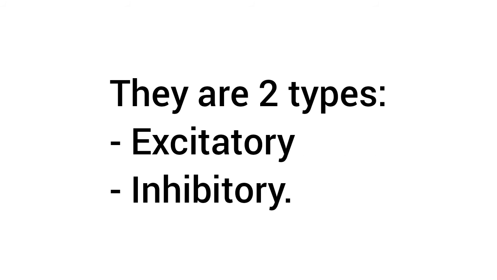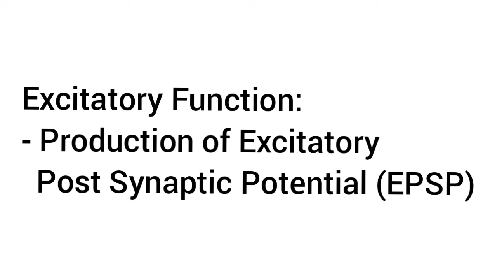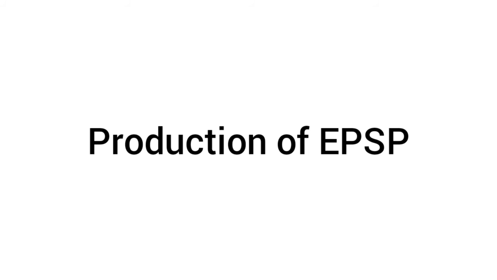Now we'll see electrical property. There are two electrical properties, excitatory and inhibitory. First we'll see excitatory. In excitatory function, excitatory postsynaptic potential is produced. Now we'll see how this EPSP is produced.